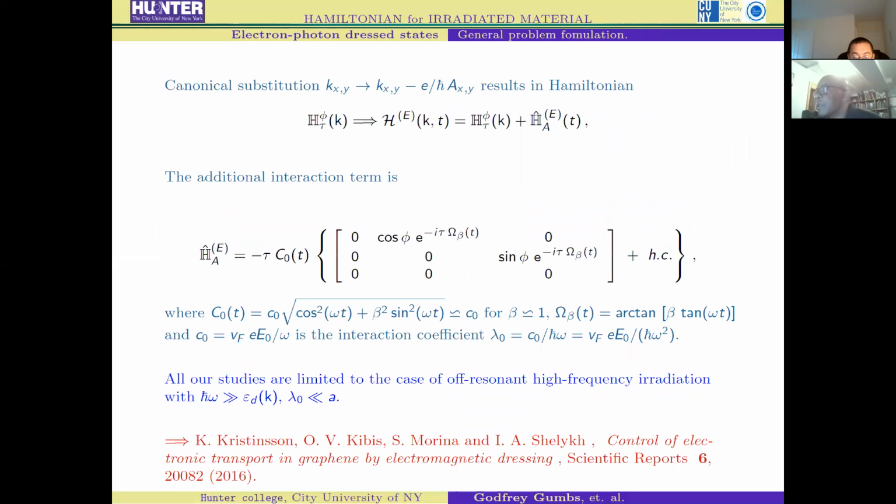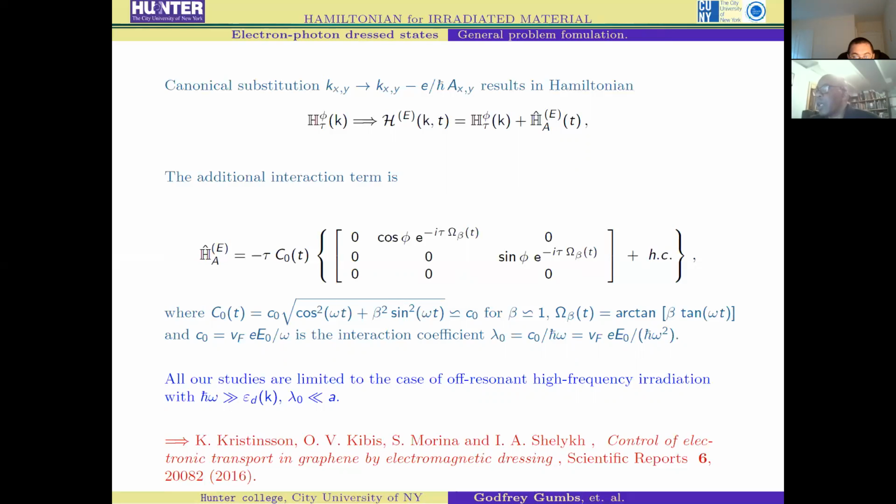Recall that the original Hamiltonian, the Dirac-Weyl Hamiltonian, depends linearly on the momentum. So here, when we apply an external field, we make this substitution or replacement: P is replaced by P minus eA, or k is replaced by k minus eA over h bar.